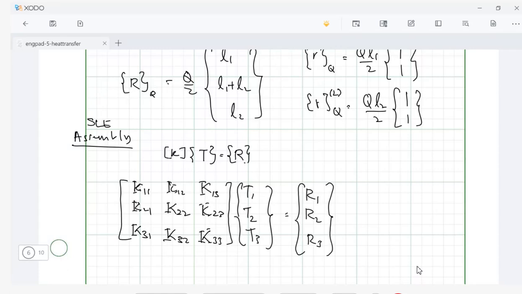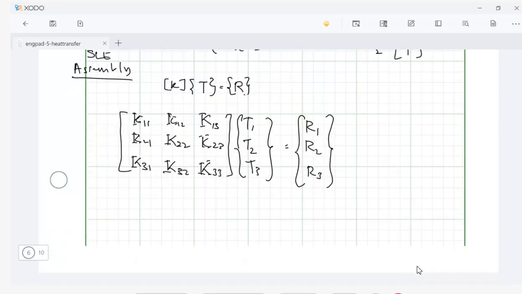Note, this R is not reaction. This is not our mechanics problem. This is a heat transfer problem.